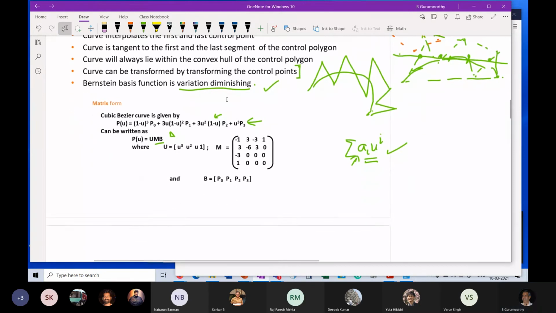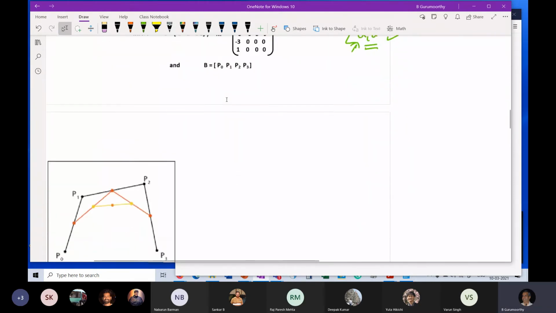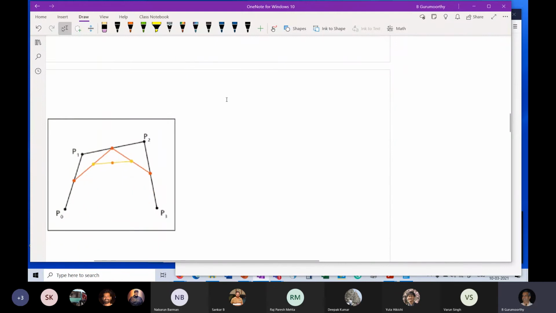So let me just slightly change tack and go back to the same original set of points and go through some construction, right? So I have these 4 input points, P0, P1, P2, P3.